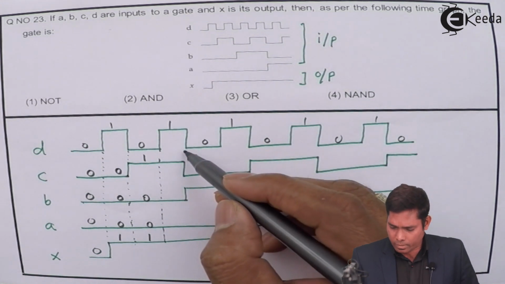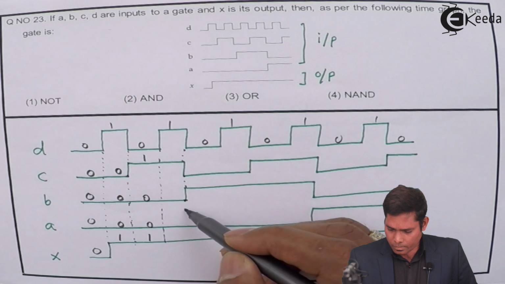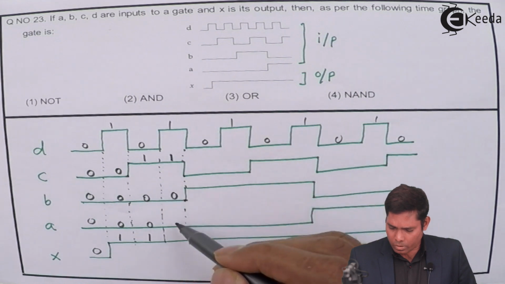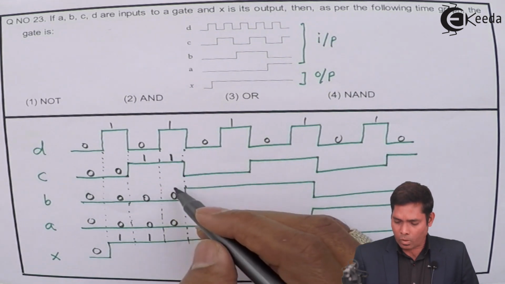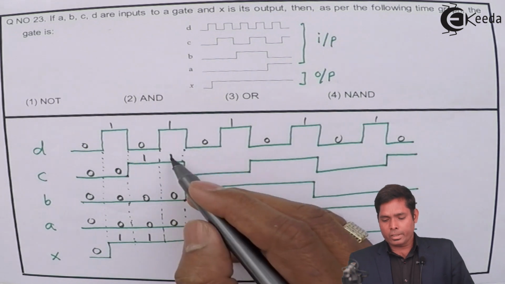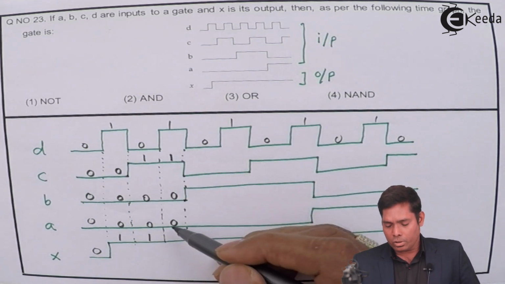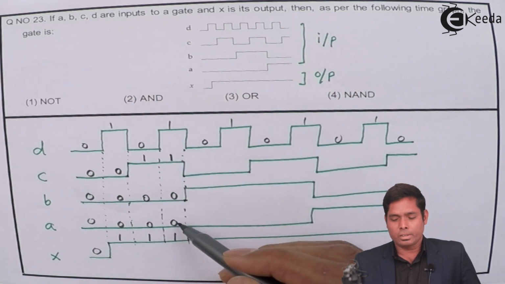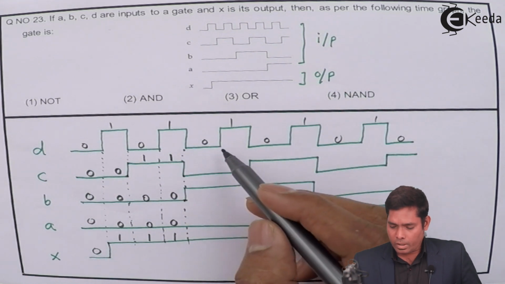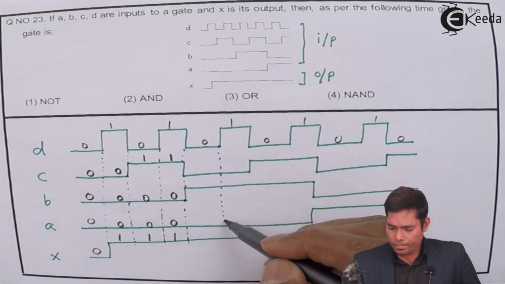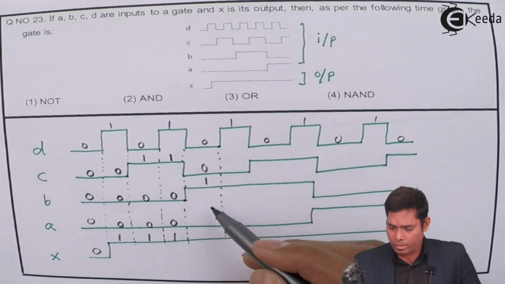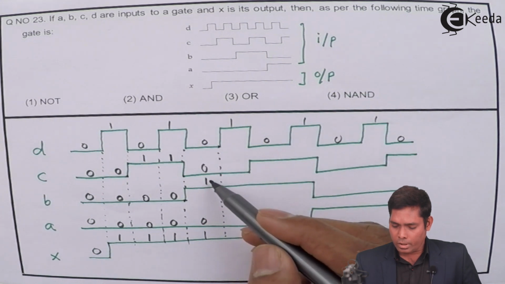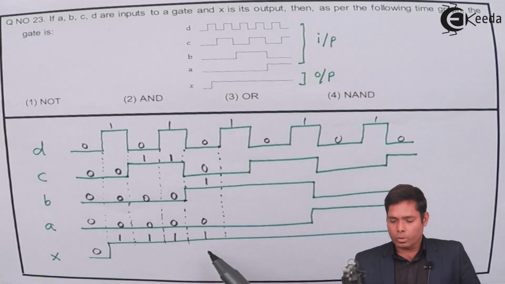Similarly, here D and C are 1 and the others are 0, but the output is 1. Here B is a higher value, so it is 1.